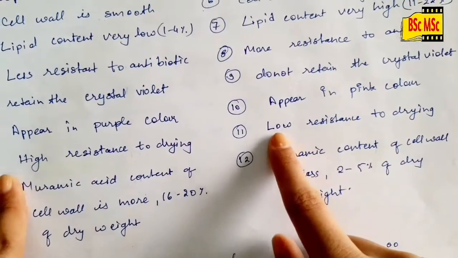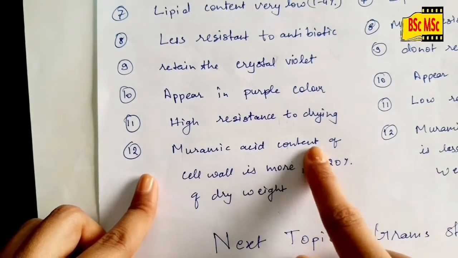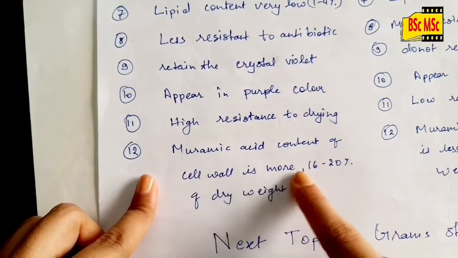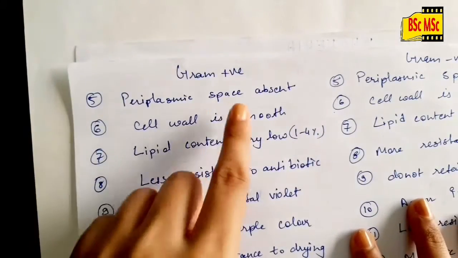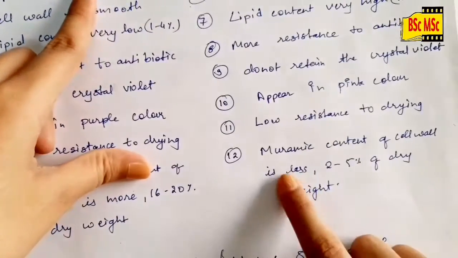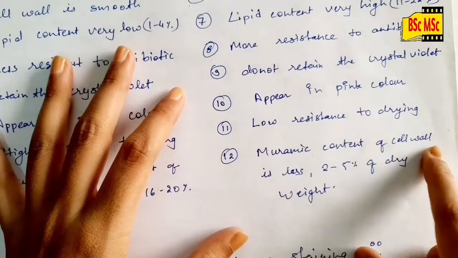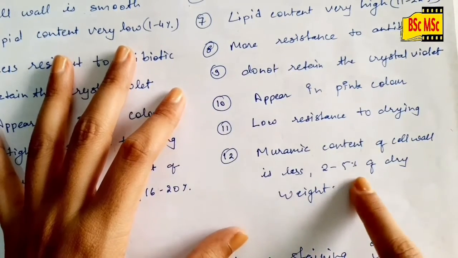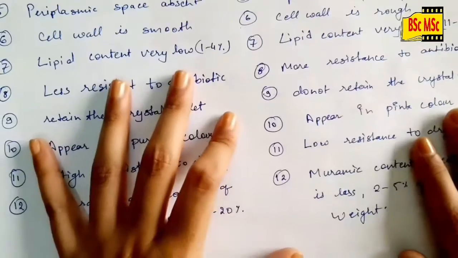Gram-negative bacteria is low resistance to drying. Muramic acid content of cell wall is more, 16 to 20% of dry weight in gram-positive bacteria, and muramic acid content of cell wall is less, 2 to 5% of dry weight in gram-negative bacteria.